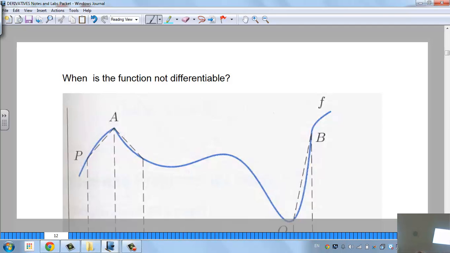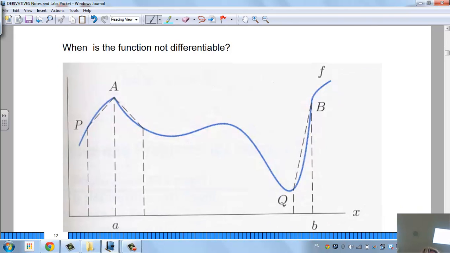So let's look at a graph with a little bit of everything. First thing I want you to notice is that this function is continuous everywhere. So the main one that I look at is I try to find a hole in the graph. I don't see any hole in the graph. That's the first place where I'd say, oh, there's no derivative there. So now I'm looking for the other three: a sharp corner, a vertical tangent line, a cusp. And as I follow here, I say, ooh, there's a sharp corner here. So there's no derivative at A because there's a sharp corner.